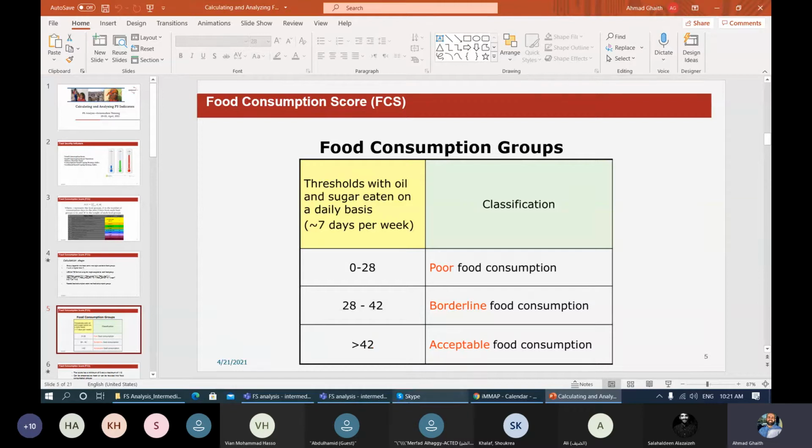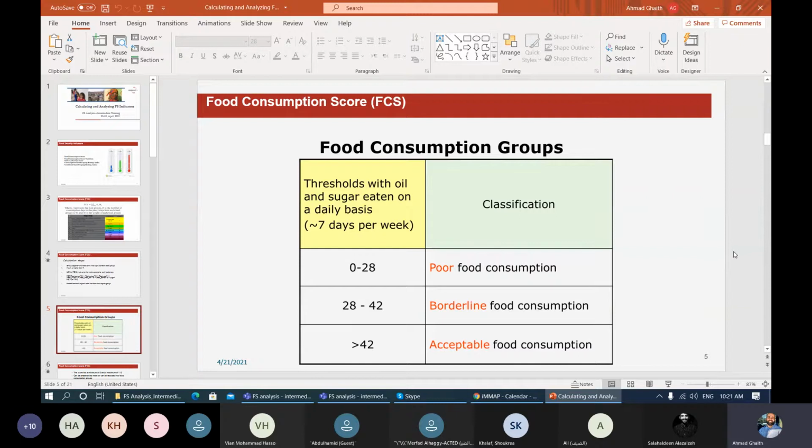In the Middle East and North Africa region, and I think in a decent number of other regions, 28 is the standard cutoff for a family to have poor food consumption.